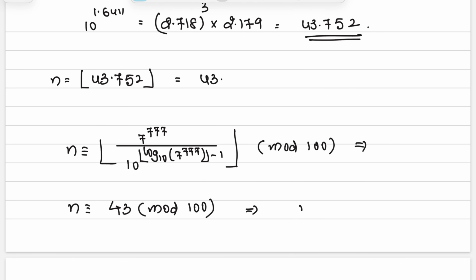That implies n is equal to 43. That means overall we have got the answer, n is equal to 43.